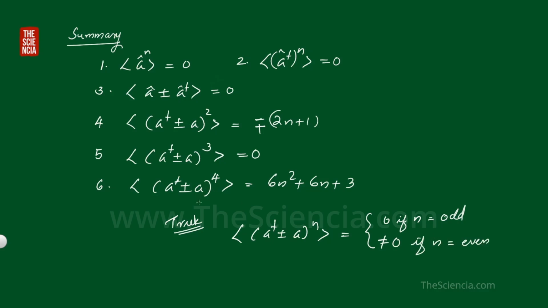See, here n is an even value, so that is not equal to 0, but here this is an odd value, so the value is 0. Here also n is odd, so it is 0. Here n is even, so it is not equal to 0. Okay, so please remember this one.